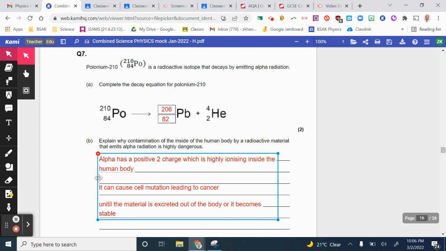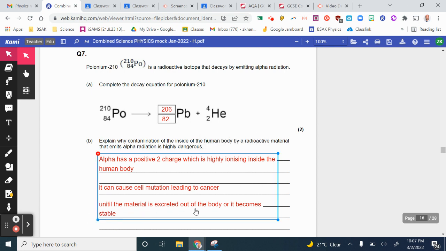What could that do? That could cause cell mutation, and it could kill you, or it could lead to cancer and then kill you. And this will continue to release radiation. So this polonium source will continue to release alpha up until it becomes stable, which could be millions of years, or you excrete it through the body and out.